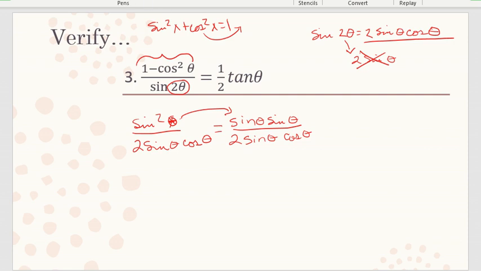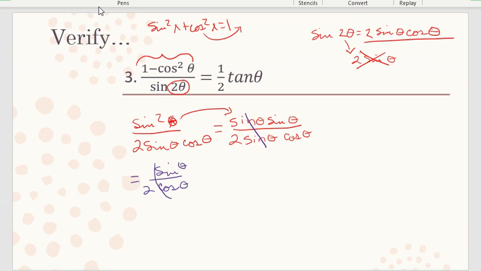Now, what's really cool about this is that you can quickly see the sine theta cancel, which gives me sine theta over 2 cosine theta. And I left my theta off, of course.